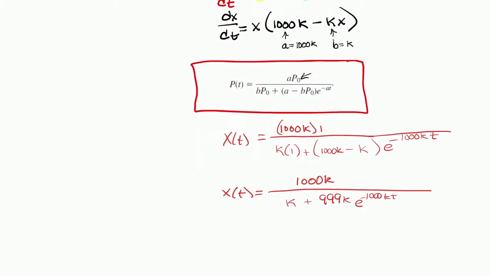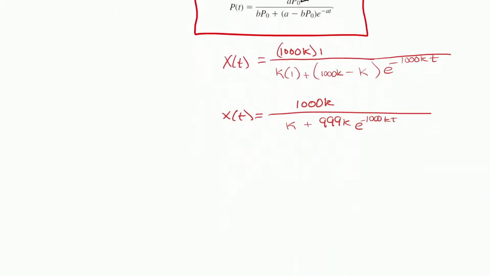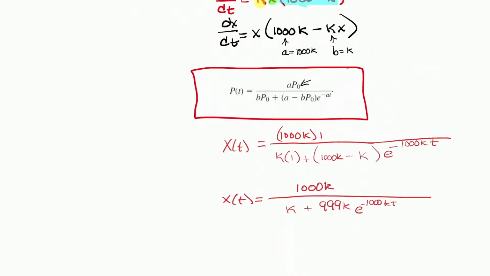Okay, so now what else do we need? We need to know what k is. It says after 4 days you have 50 students infected. Wow, so many students all of a sudden because that one kid that was so selfish came back too soon. So we have 50 students after 4 days.